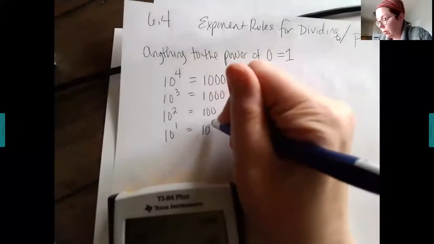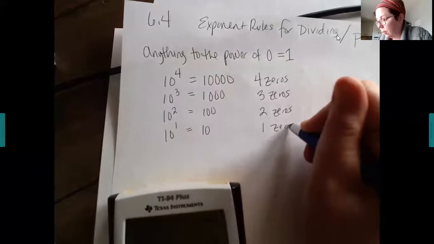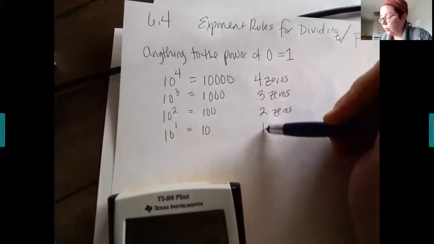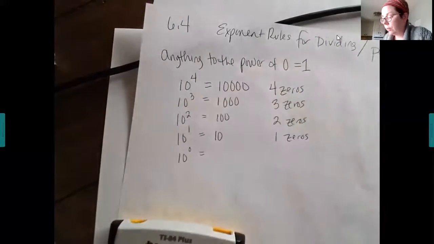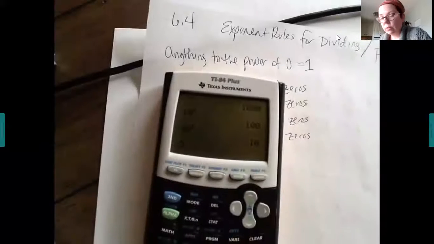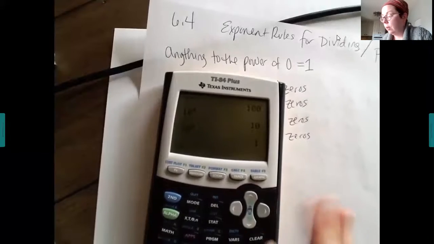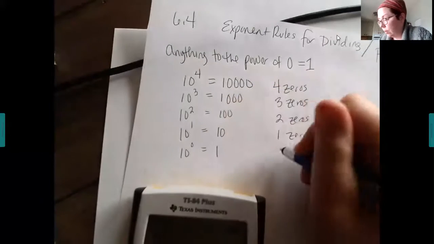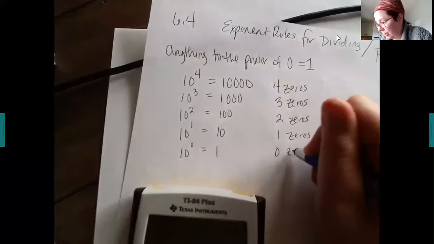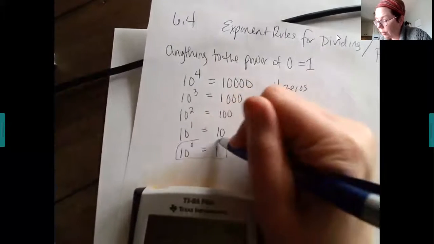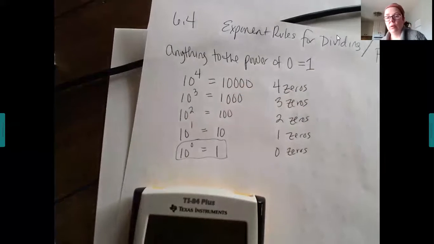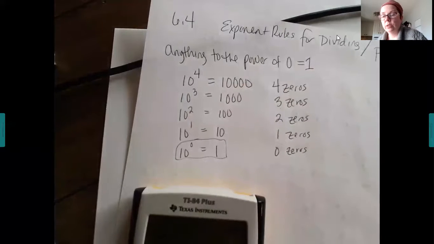Now, as we're going down, 4, 3, 2, 1, if we had 10 to the power of 0, how many zeros do you think we will have? None. So 0 zeros.